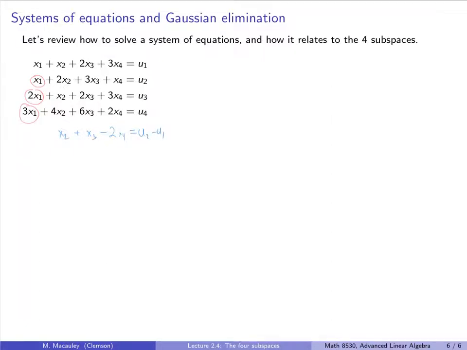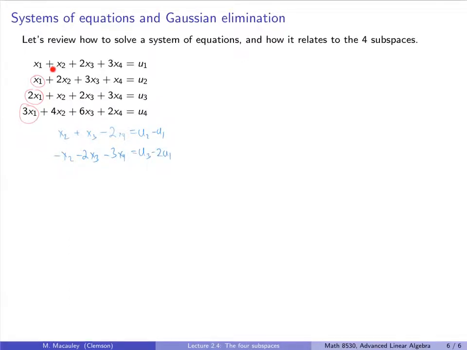Now we need to subtract 2 copies of this from equation 3, and if we do that, then we get negative x2, then minus 2x3, and then minus 3x4 equals u3 minus 2u1.